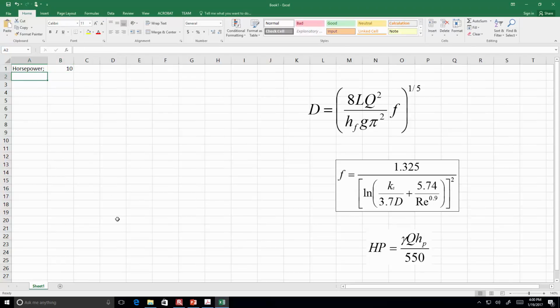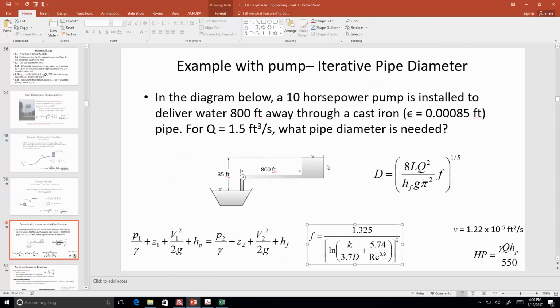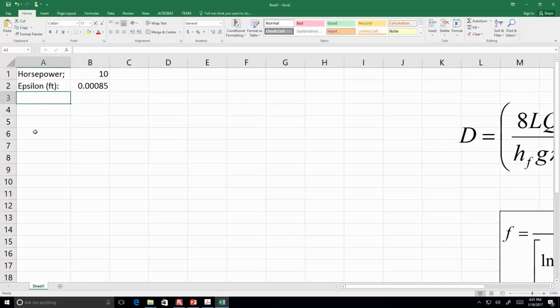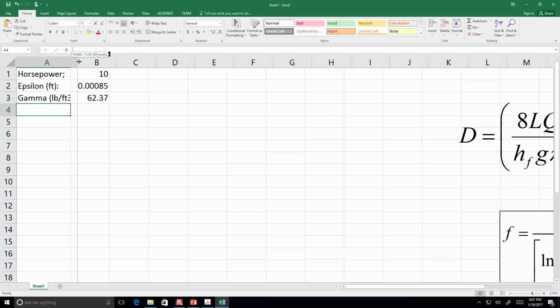The cast iron pipe gives us the equivalent sand roughness here. Let's see, cast iron, so 0.00085 is the epsilon. In terms of feet is 0.00085. Okay, the unit weight, gamma, in terms of pounds per cubic foot, the typical unit weight for water, 62.37 pounds per cubic foot.